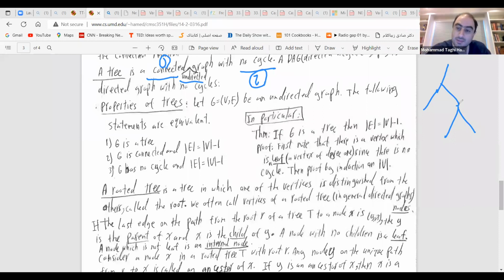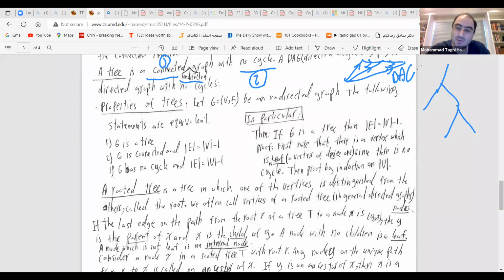So this is for an undirected graph. For general graphs, if it is a directed graph and there is no cycle, it is called a DAG. We will talk more about them. But DAGs, in some sense, can have a cycle.